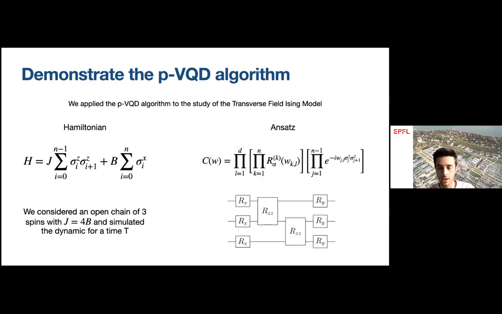As ansatz, we considered the following, pictured here, a hardware-efficient ansatz that can scale both in depth, if we repeat the structure d times, or in width, if we increase the number of spins, so qubits.